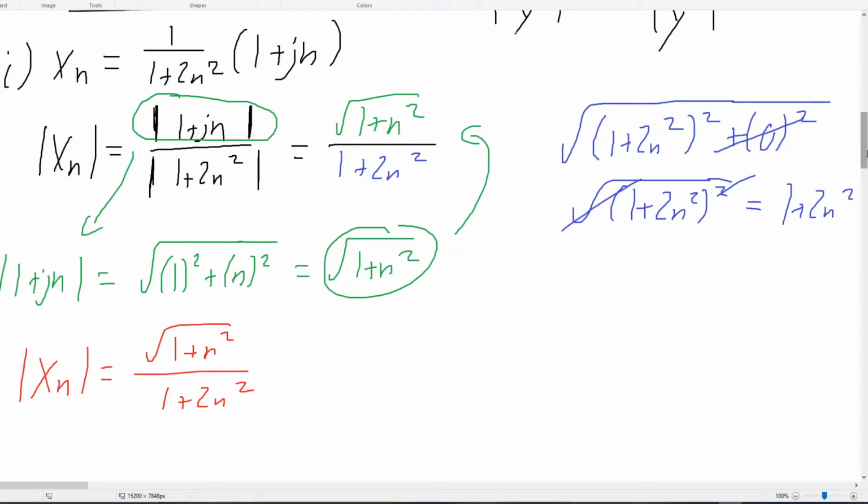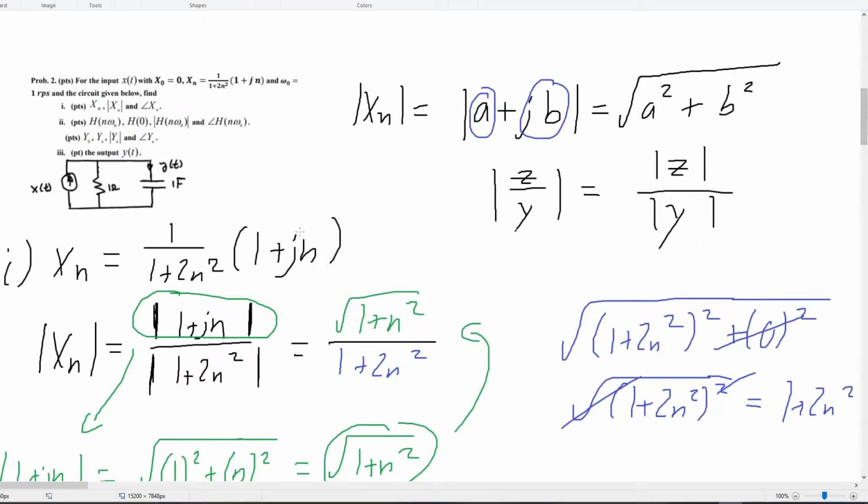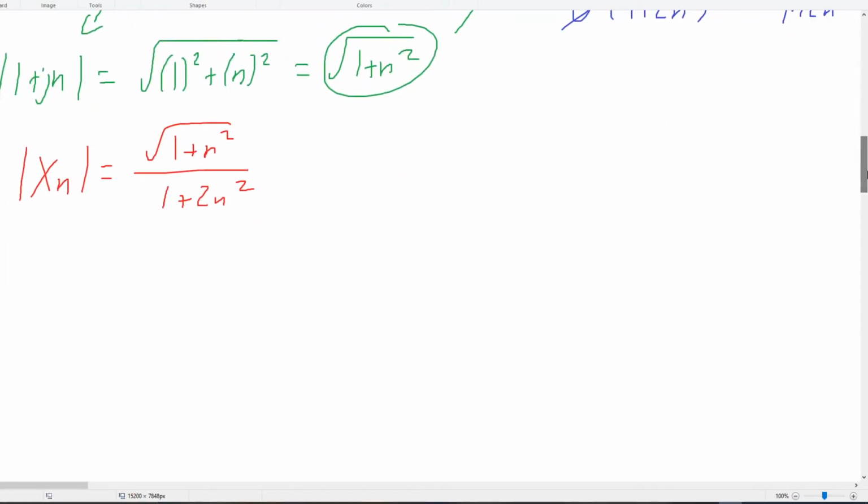And the last thing we have to find is the angle of xn. So, how do we find the angle of xn? To find the angle of xn, we have our own equation, and I'll write it over here.